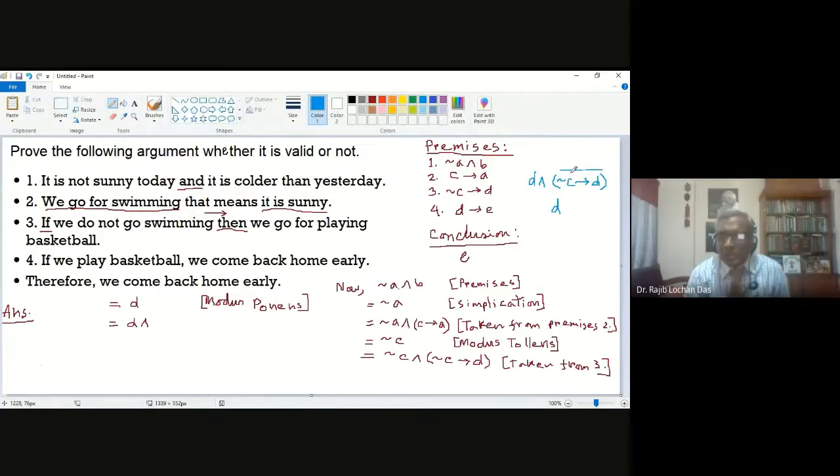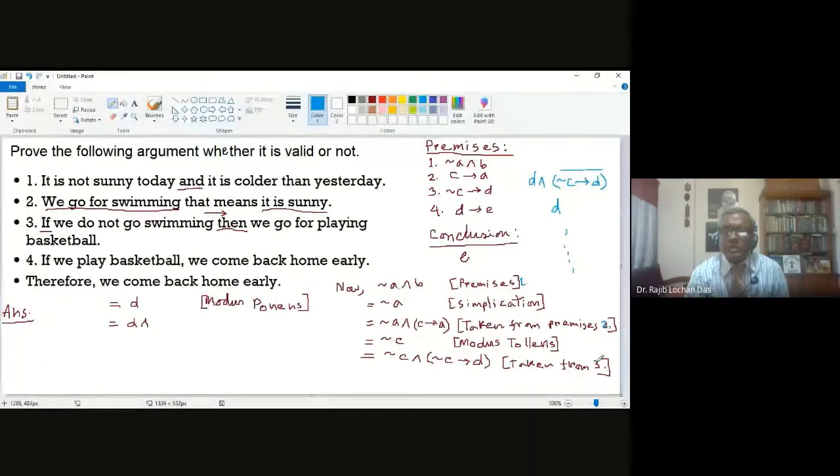Then you proceed with the next thing, what is given in the next sentence. If it matches with some rule, then you apply. If it does not, then you proceed with other numbers and then come back again. Not necessarily every time you use the sentences serially, one, then two, then three, then four.